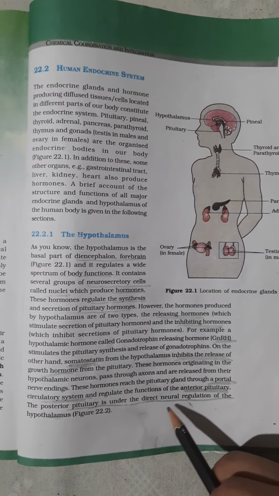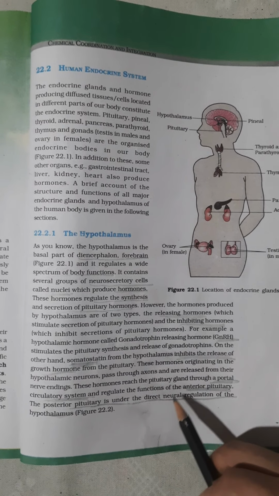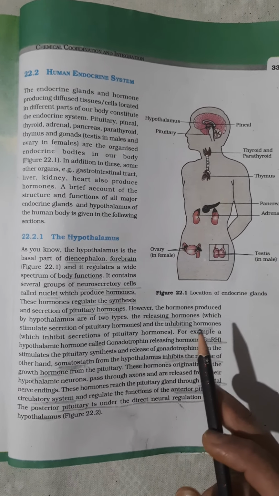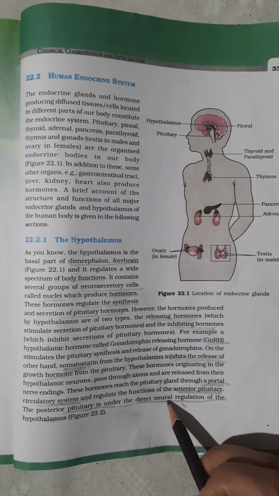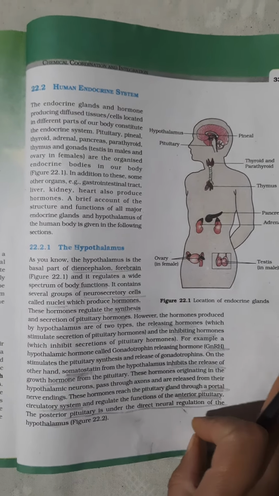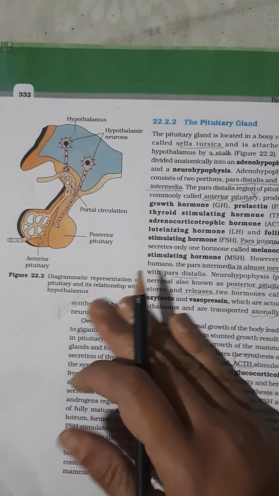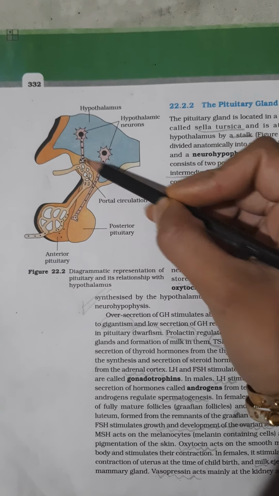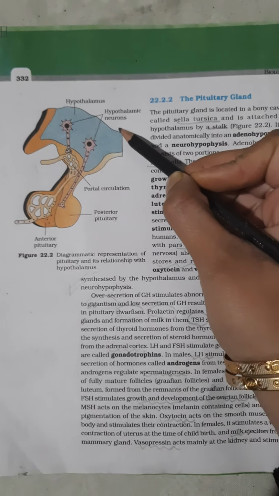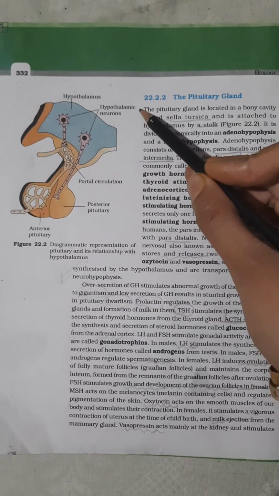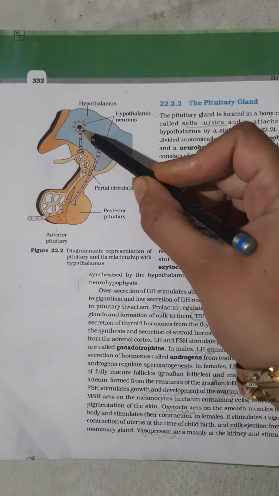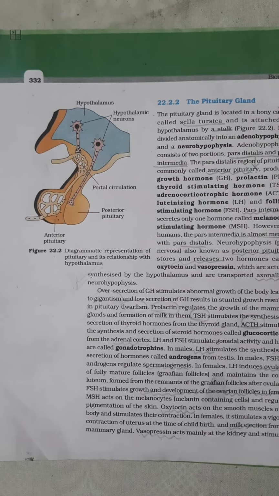Now these hypothalamic neurons present in the hypothalamus are connected with the pituitary in two ways. Let us look at this diagram, it will be clear. This is the hypothalamus, and the neurons contained in it are regarded as hypothalamic neurons. There are two parts in the pituitary gland.